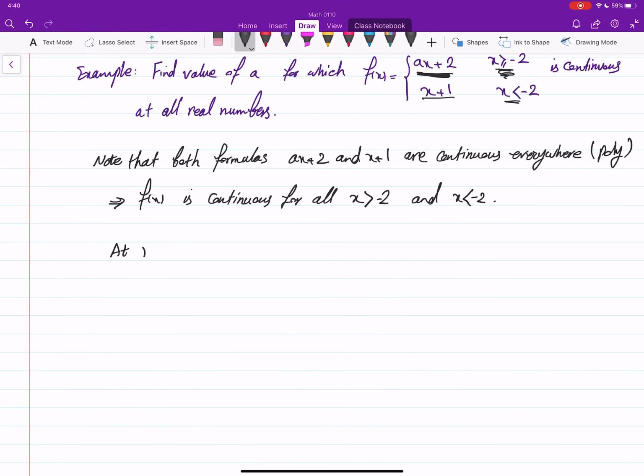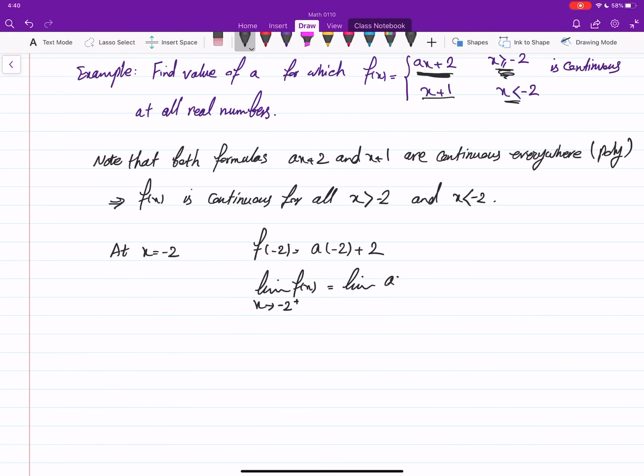At x equal to -2, f at -2 is defined, and it is given by a times -2 plus 2. And this is a separating point of the function, so we have to go from the right. Let me do first this for -2. So this will be for x bigger than -2.